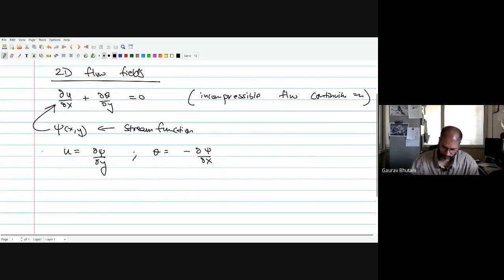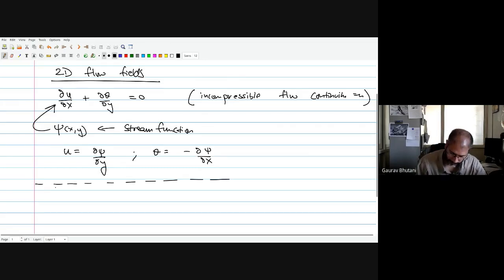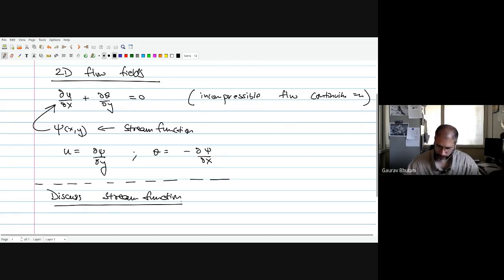So we'll put a pause here and start talking about stream function, and then we'll come back to its use for solving the Navier-Stokes equation. So let's discuss stream function.